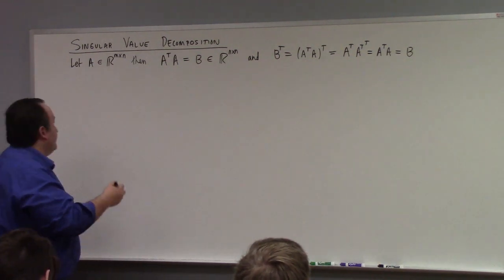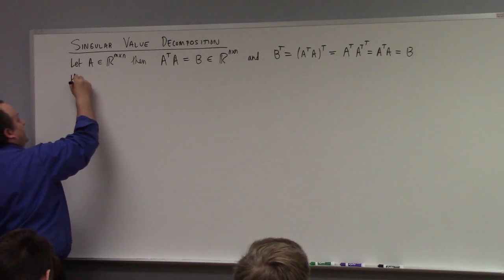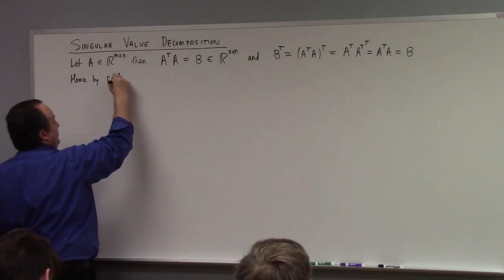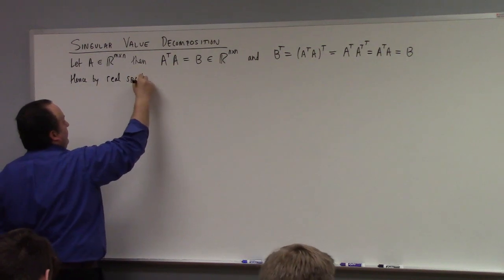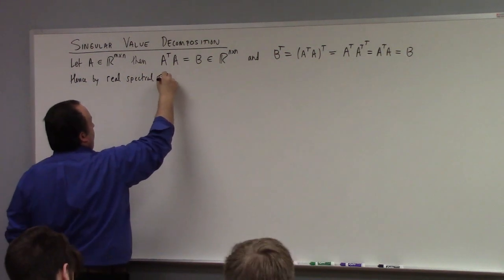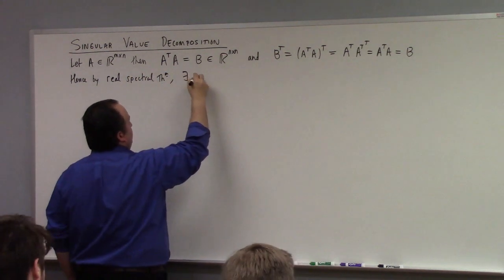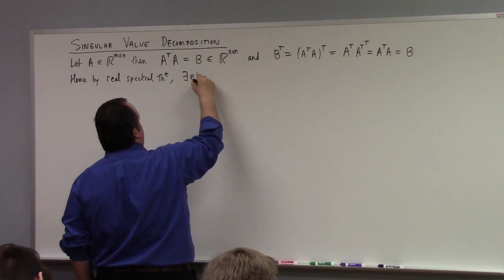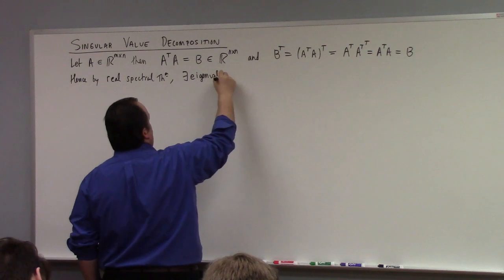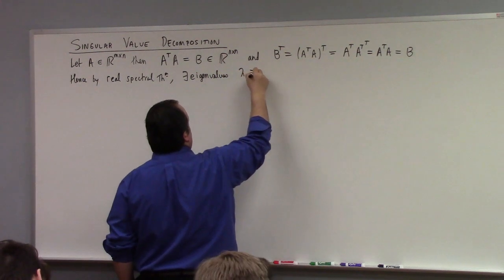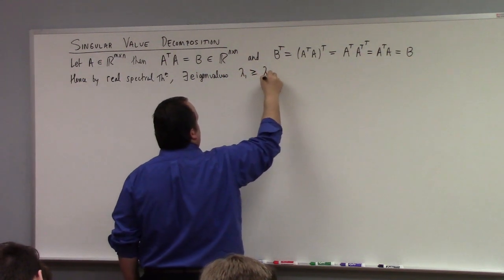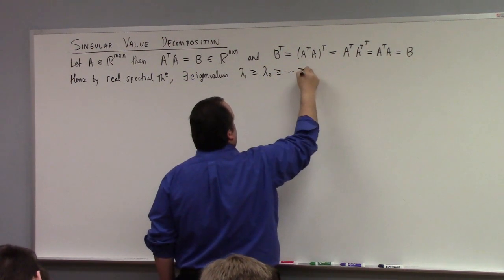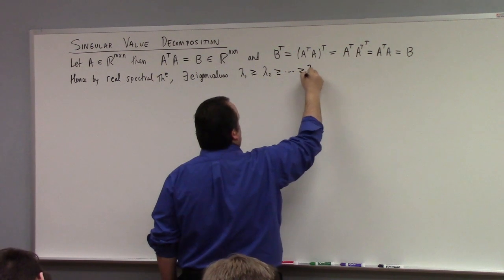So therefore, by the real spectral theorem, there exist eigenvalues lambda 1 greater than or equal to lambda 2 greater than or equal to dot dot dot greater than or equal to lambda.